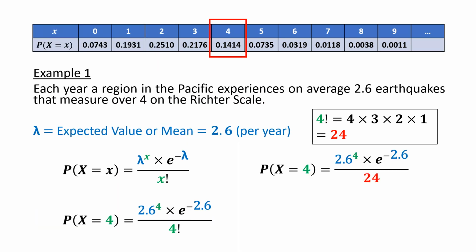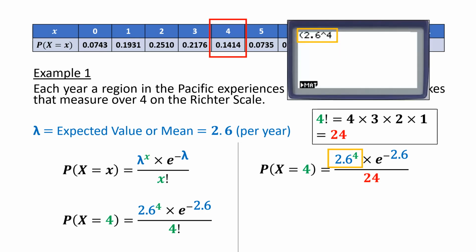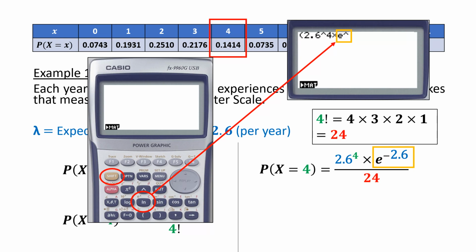All right, let's show you how we work out this probability from this formula. So the first thing we need to do is start off and go 2.6 to the power of 4. Then we need to go times. Now we need to do this bit, which is e. e is that weird number. It's like pi. It's a unique number. And to get e, you have to push shift and then push your ln natural log button. And it'll come up with e to the power of something.